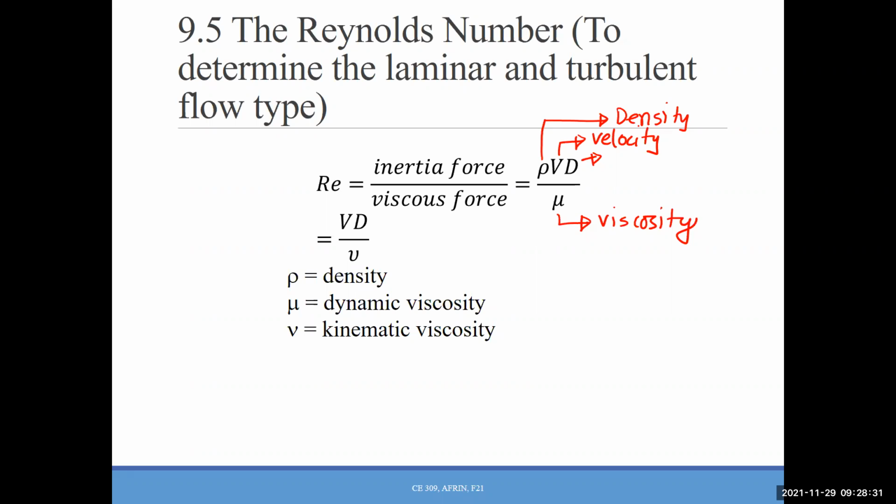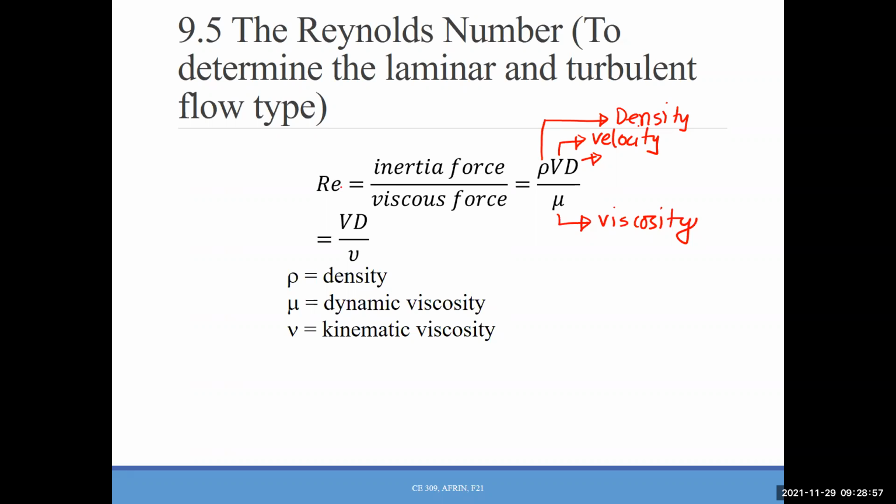Can you imagine a flow of honey with turbulent flow? It's too slow, but why is it too slow? High viscosity. That is the reason for having a laminar flow most of the time. Either the velocity is very small or the viscosity is very, very high. That is the reason for the laminar flow.